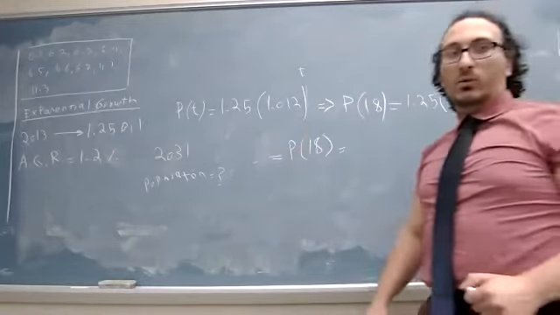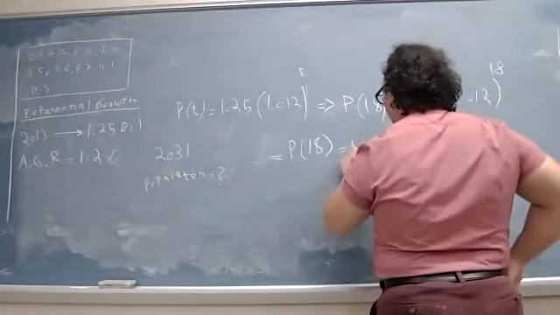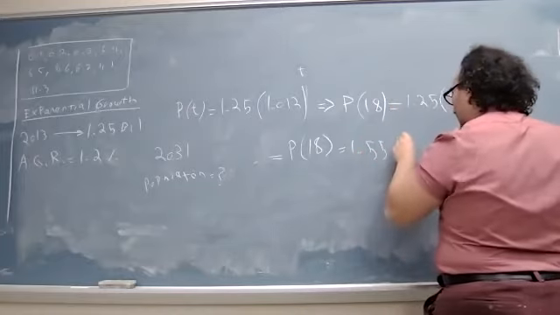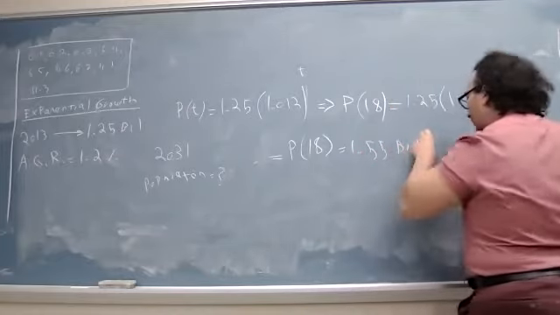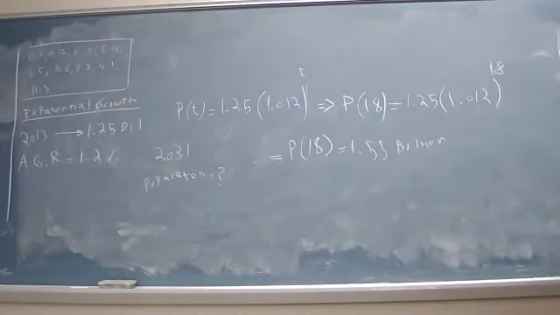It's approximately 1.55 billion. That's a lot of people. 1.25 billion was already huge. 1.55 billion is even more.